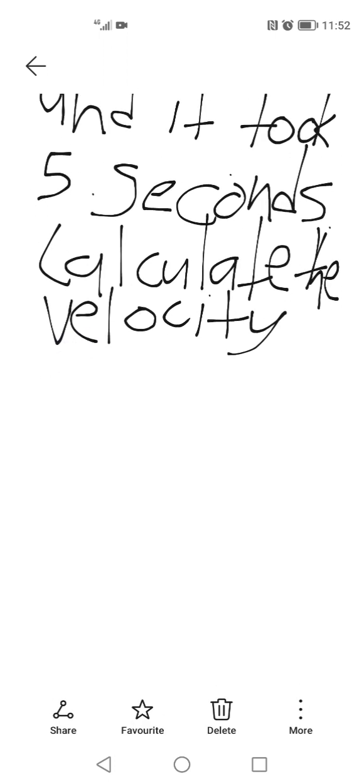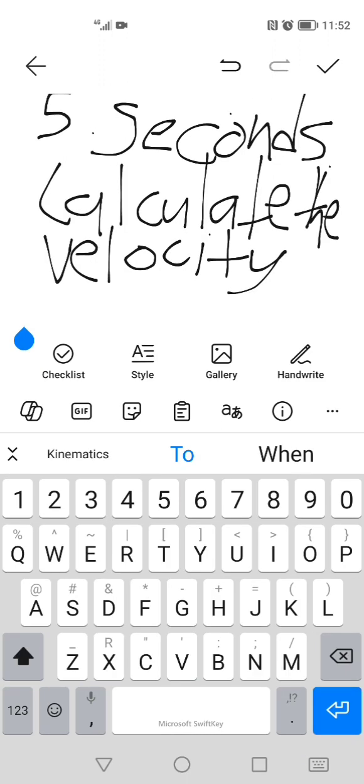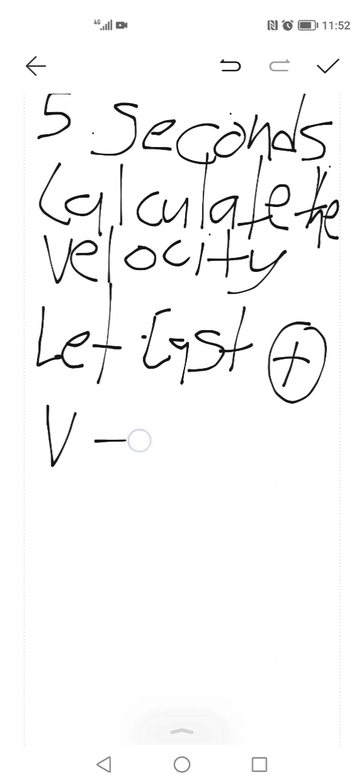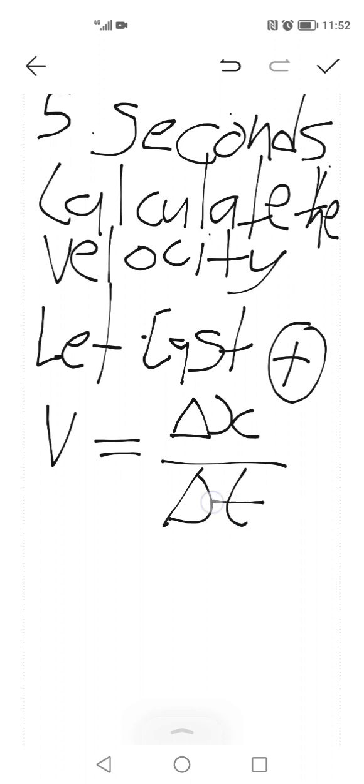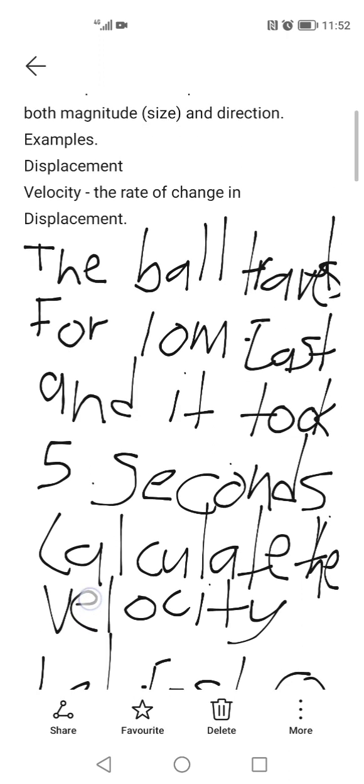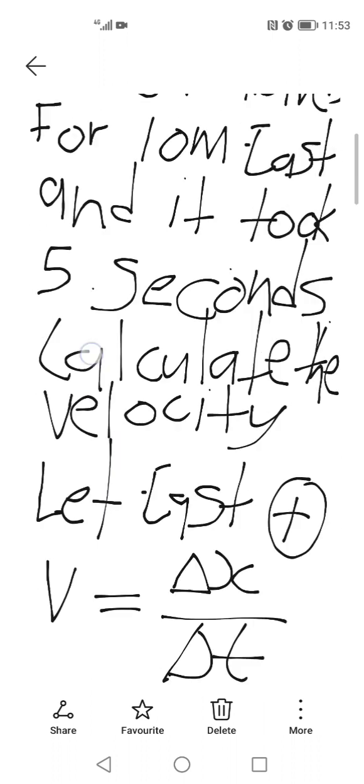So the first thing you need to do is choose your direction. Since we are given east, we are going to say let east be positive. Then we know that our velocity is equal to the rate of change in displacement. Then we just substitute. We were given 5 seconds and 10 meters.